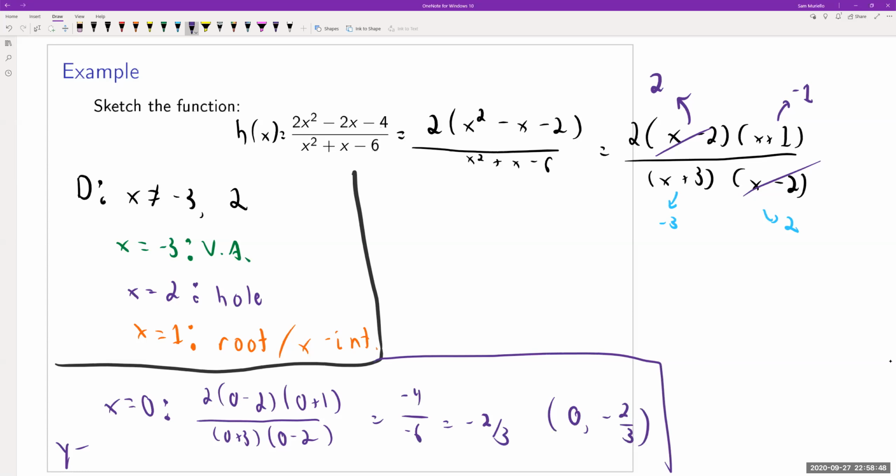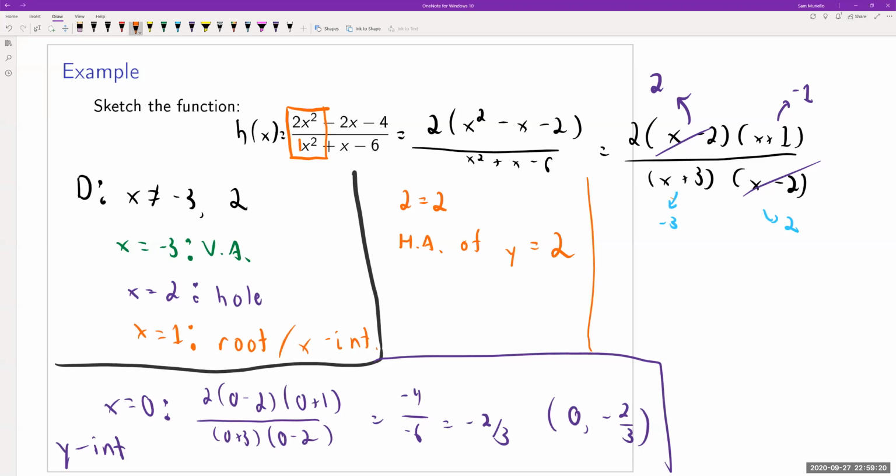This is the y-intercept. Next, we can go ahead and look for horizontal asymptotes. Here, I would actually like to look at the original function before I factored. In this case, 2 is equal to 2, so I have a horizontal asymptote of y equals 2, or 2 over 1.